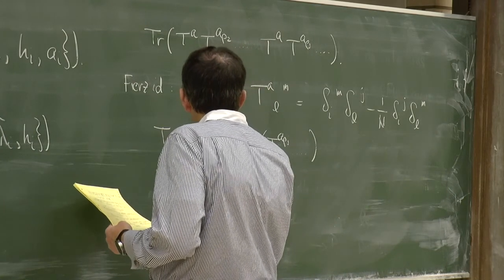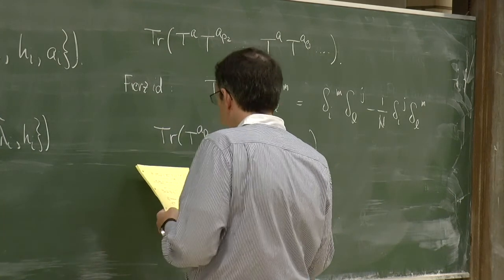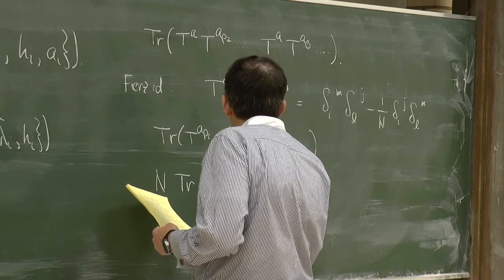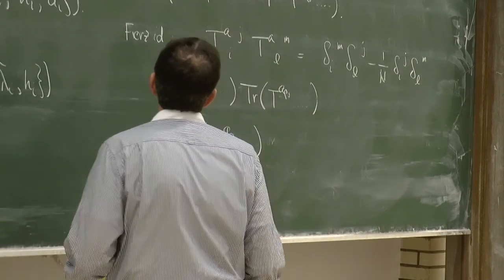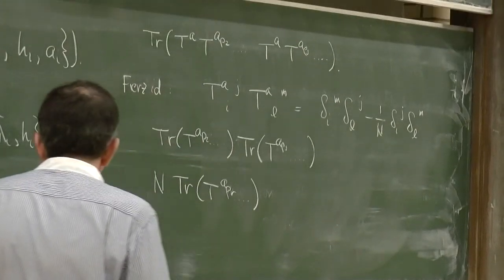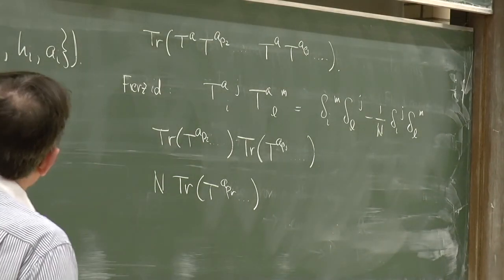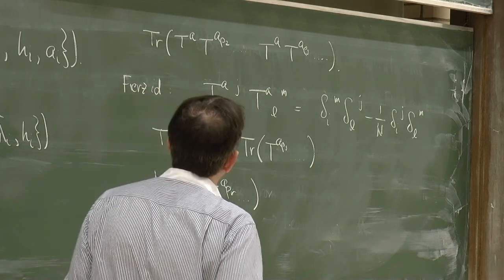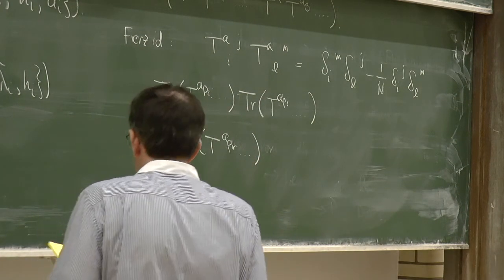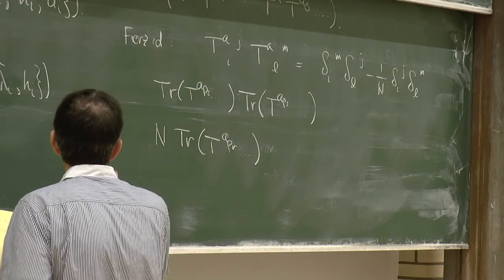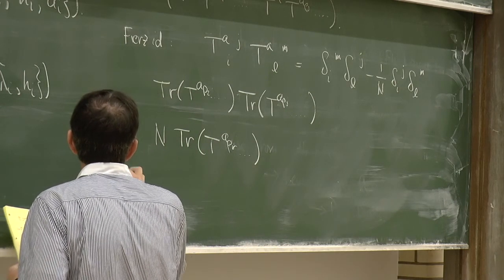So we're going to have one class of terms which just is of the form N times a single trace, and then they're going to be genuine double trace terms. So we're in a position to write down the generalization of the tree level color decomposition to one loop.